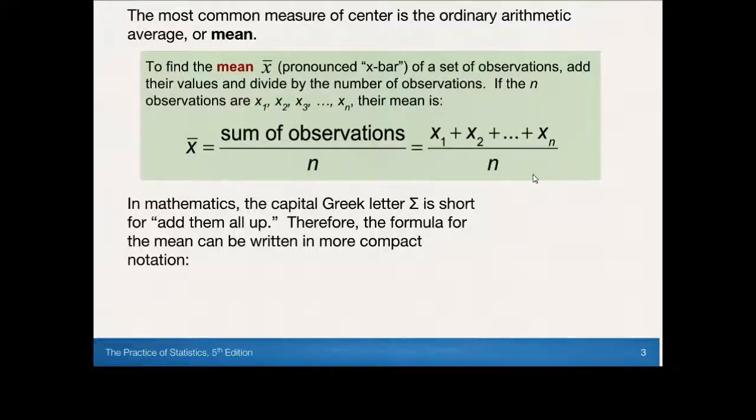In mathematics, the capital Greek letter sigma is short for add them all up, and therefore the formula for the mean can be written in a little bit more compact version by saying x bar equals sigma x sub i, divided by n.